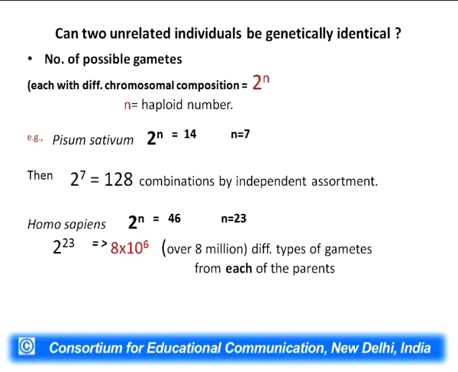So, if we have to talk of the number of combinations as far as the fertilization is concerned, then the figure would be 128 into 128, which would be even more in terms of probability. That means they are so much different. If we were to talk about our cells, that is Homo sapiens, then applying this formula, 2n is equal to 46, our genomic number happens to be 23.